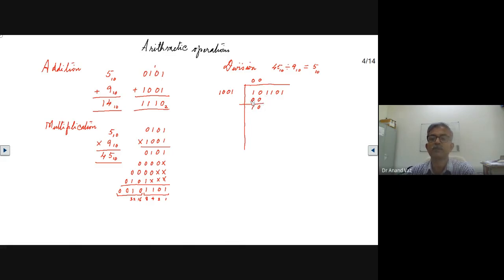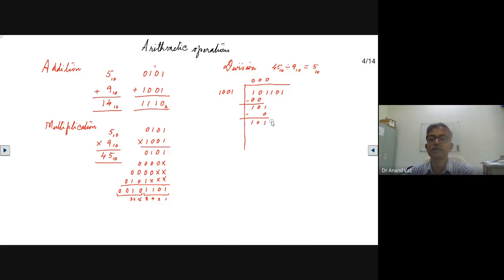So now you bring down the next digit. Here also it does not go. So again 0. So you subtract. And so here you get 1, 0, 1.